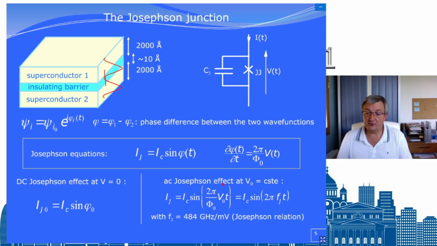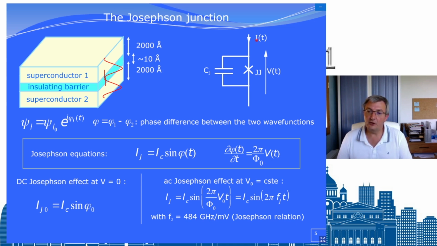And if you calculate this constant here, it's 2 pi Fj, where Fj is the Josephson frequency, but you can also call it omega j, the Josephson angular frequency. Because of the value of phi naught, the quantum magnetic flux, you have a frequency which is 484 gigahertz per millivolt.